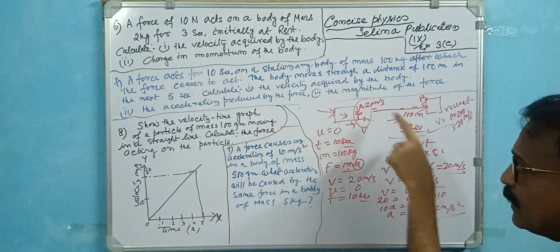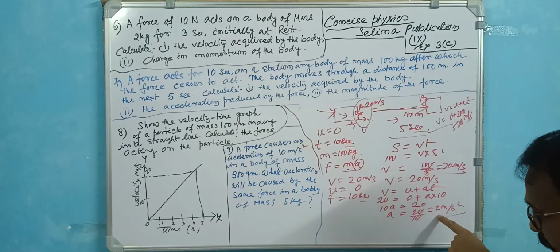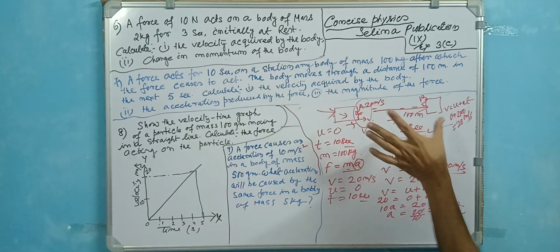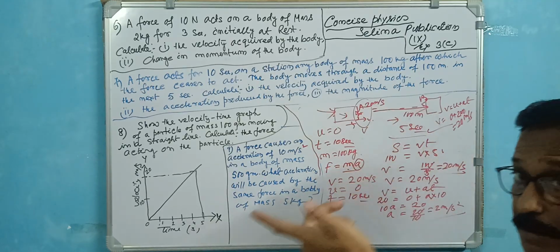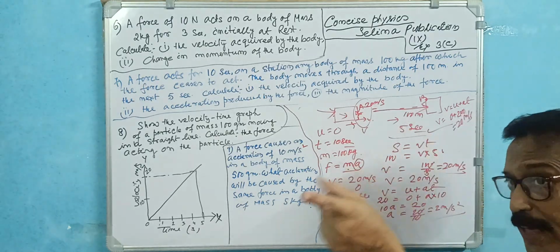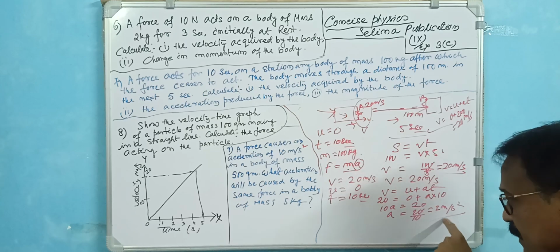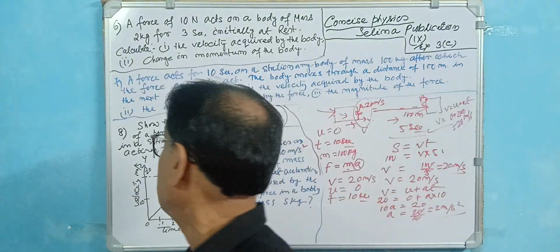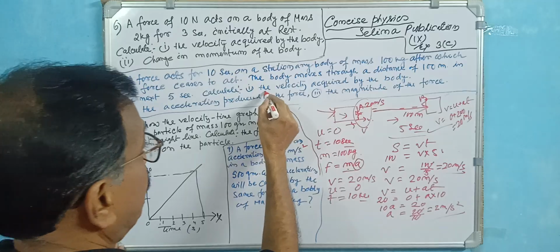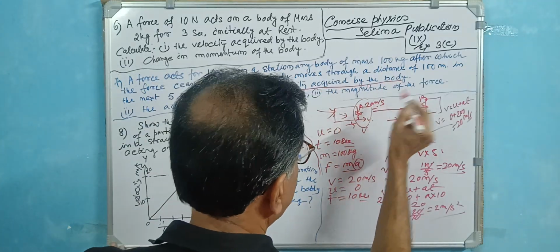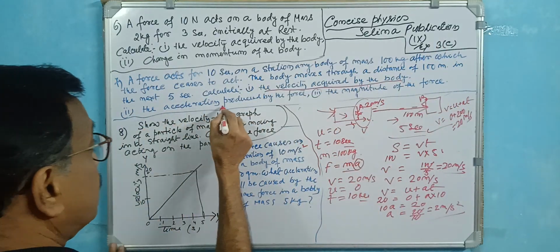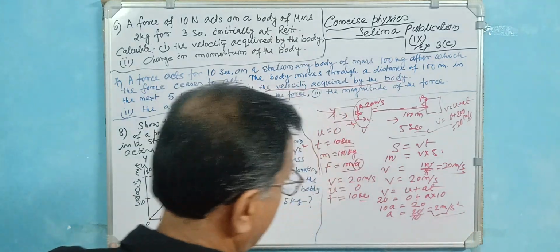The velocity developed here is 20 meter per second when a is this. In maths you first start here because you don't know the acceleration. From here you calculate v, then v is equal to u plus at, which is the acceleration step. Now first question, the velocity acquired by the body is 20 meter per second. The acceleration produced by the force is 2 meter per second square.